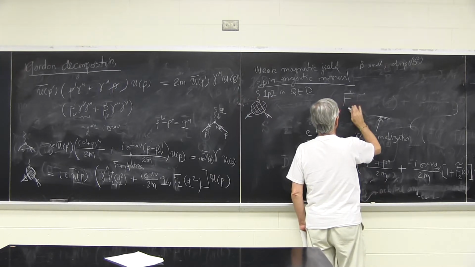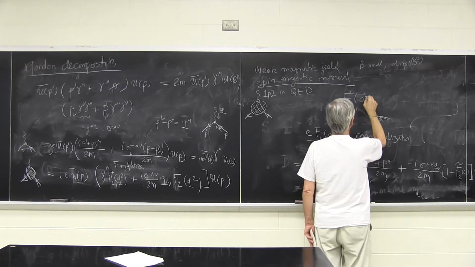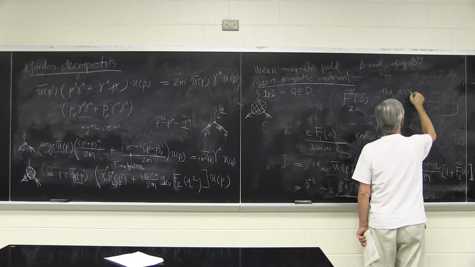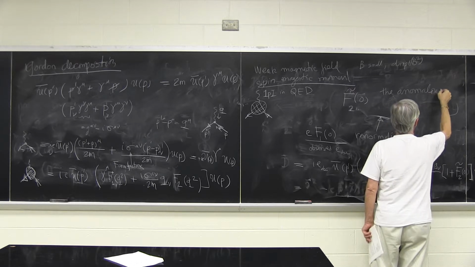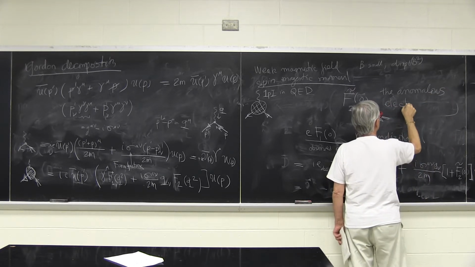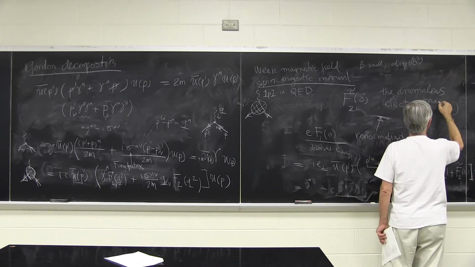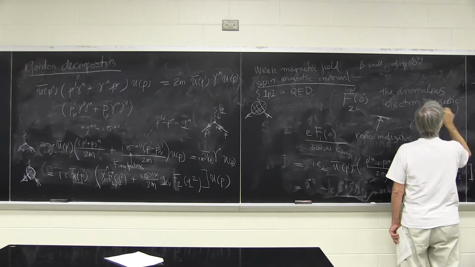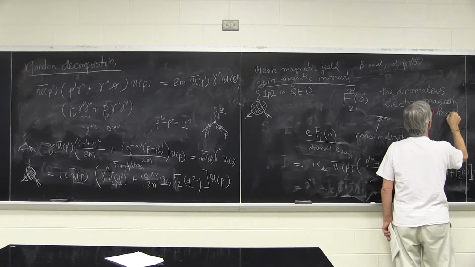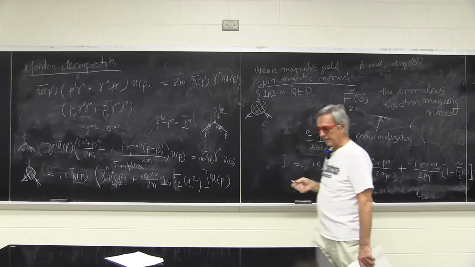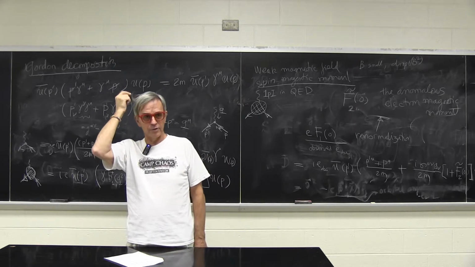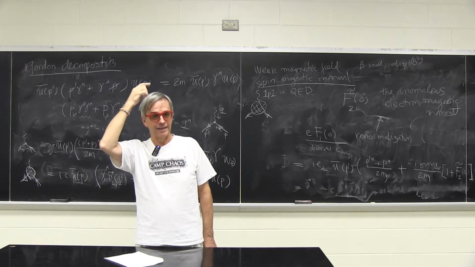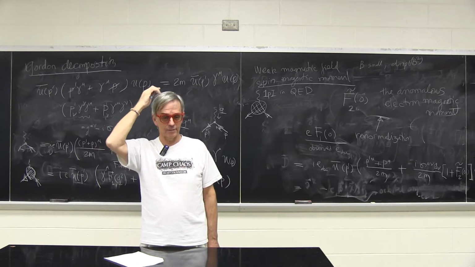So this quantity F2 of 0 is called the anomalous electromagnetic moment. And if you read on the course home page my rant about gauge invariance and why it's a pain, I actually have a link to Schwinger's original article.